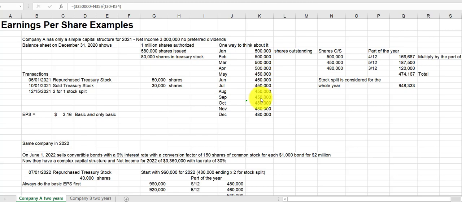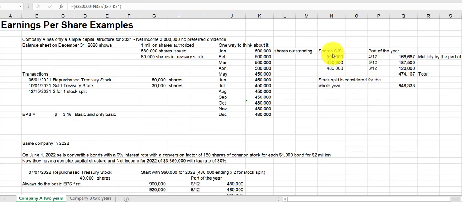From May to September, it went down to 450 because of the repurchase, and then back up for October, November, December by 30,000 to 480. You don't have to list all of that out, but that's a good way to think about how much is outstanding at each given month.